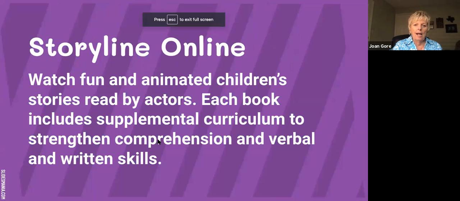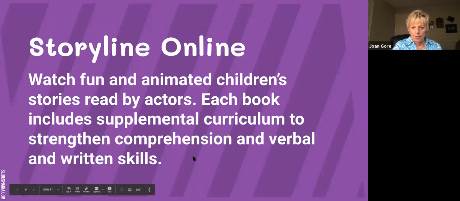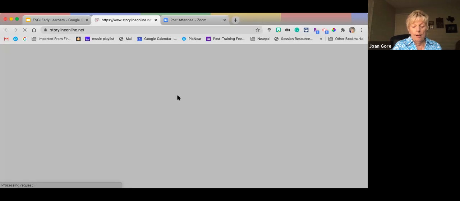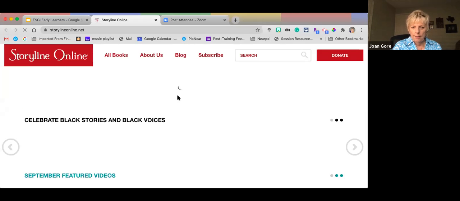Now, Storyline Online is a way for your students to hear fun books read by famous actors. And it also includes a supplemental curriculum that can be used with any of the books. So when you go to the website, storylineonline.net, you have all these choices.